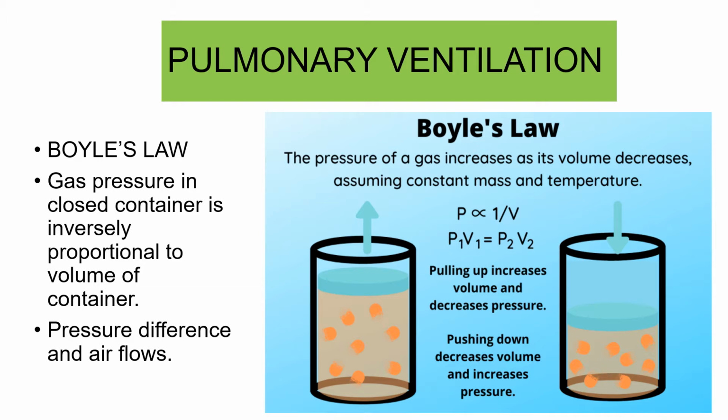You can see the formula that pressure is inversely related to the volume of the container. Pulling up the lid in this container increases the volume and decreases the pressure, while when you push the lid down, it will decrease the volume and increase the pressure.